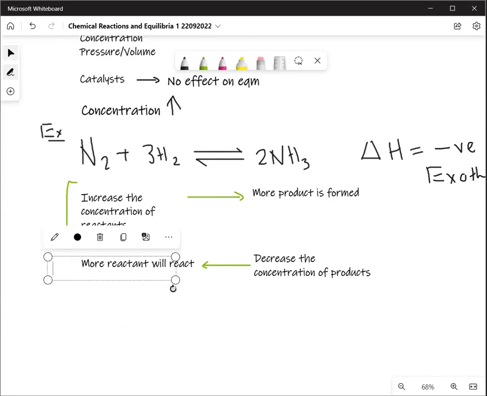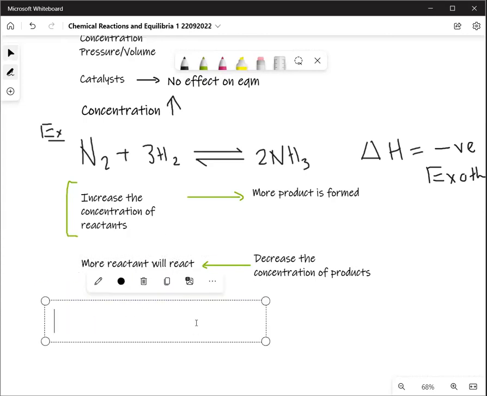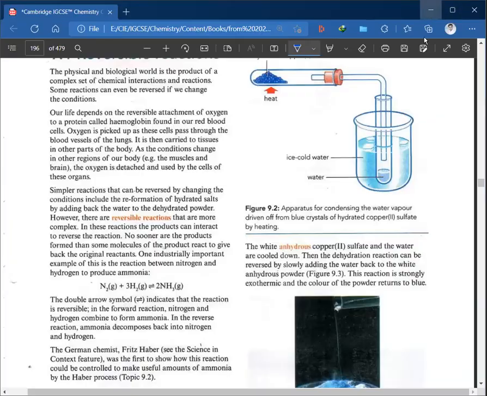Something called Le Chatelier's principle. First, write this down. I'm giving you the definition.